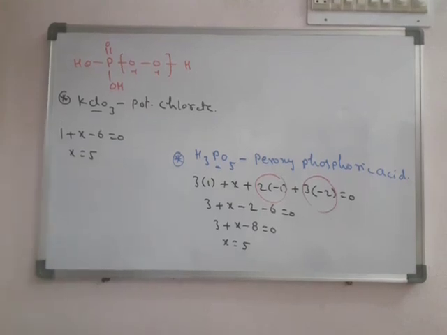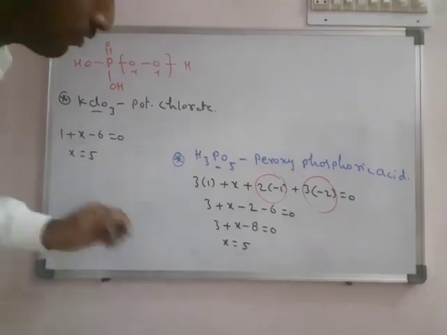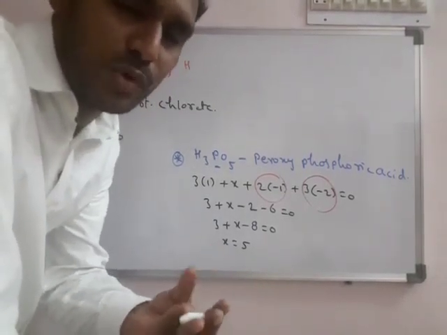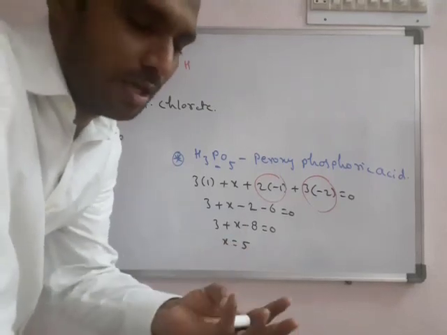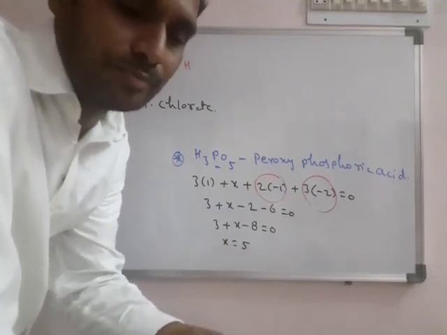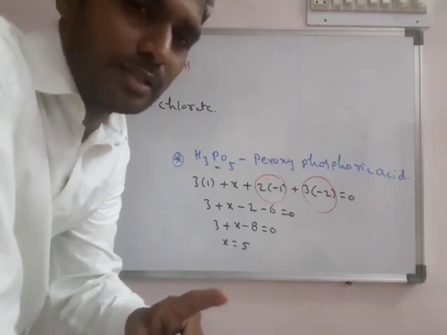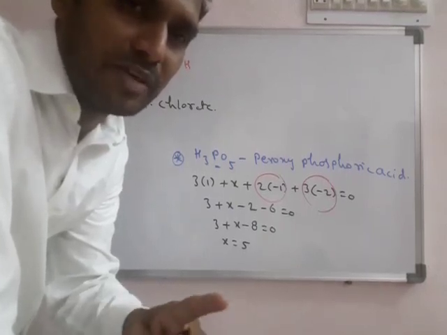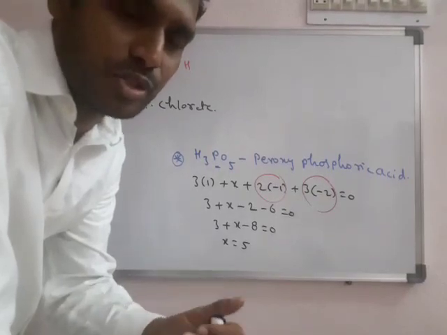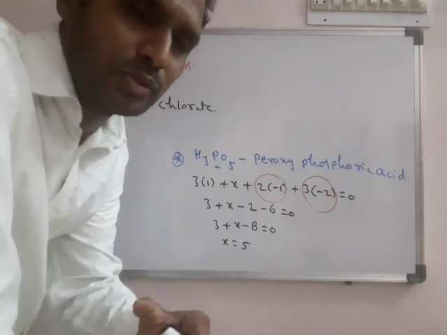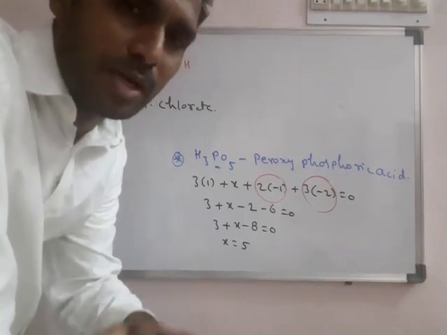So here something important: Cl is generally a 17th group element, so it shows minus 1 as the common oxidation number, as do fluorine, chlorine, bromine, iodine. They belong to the 17th group and have 7 valence electrons in the outermost shell. So by taking 1 electron they become stable. Therefore minus 1 is the common oxidation number.